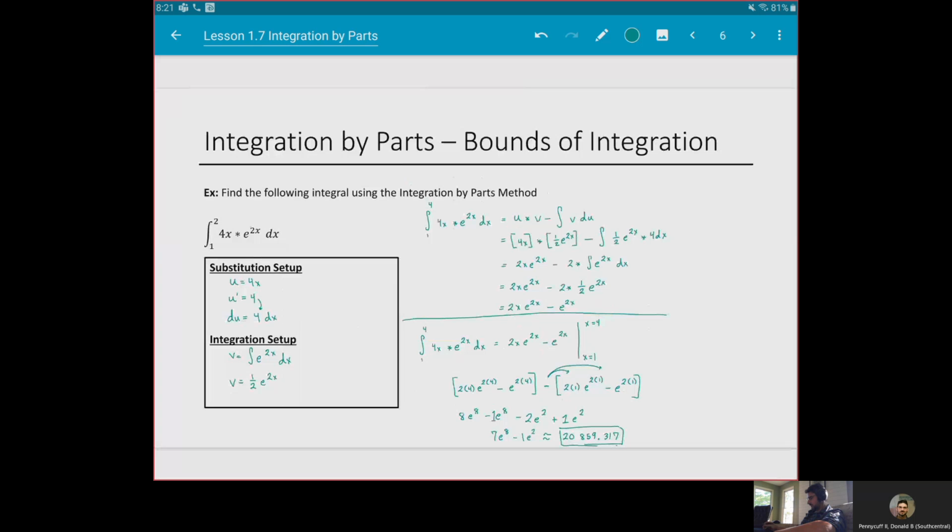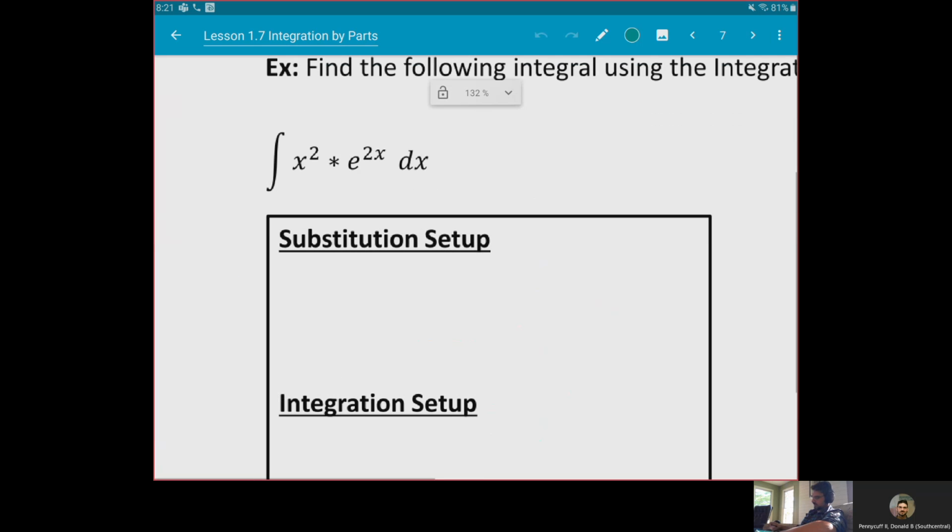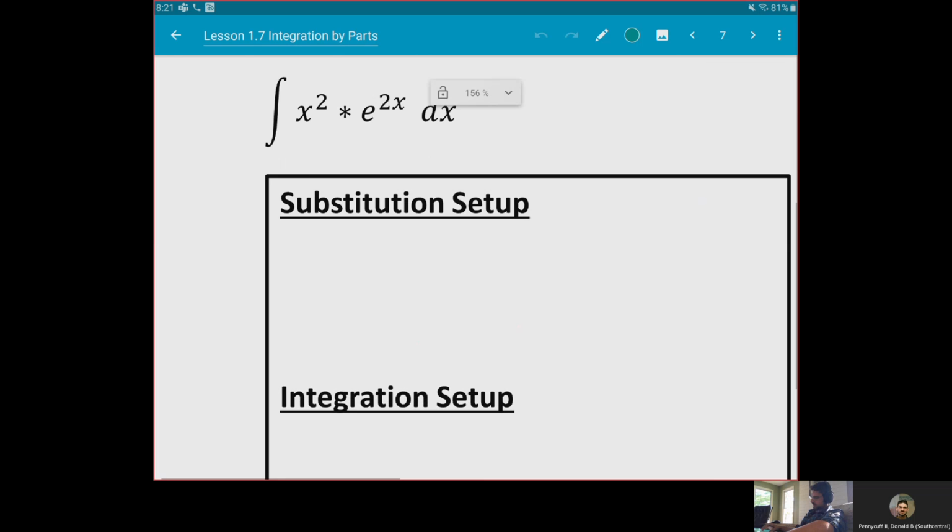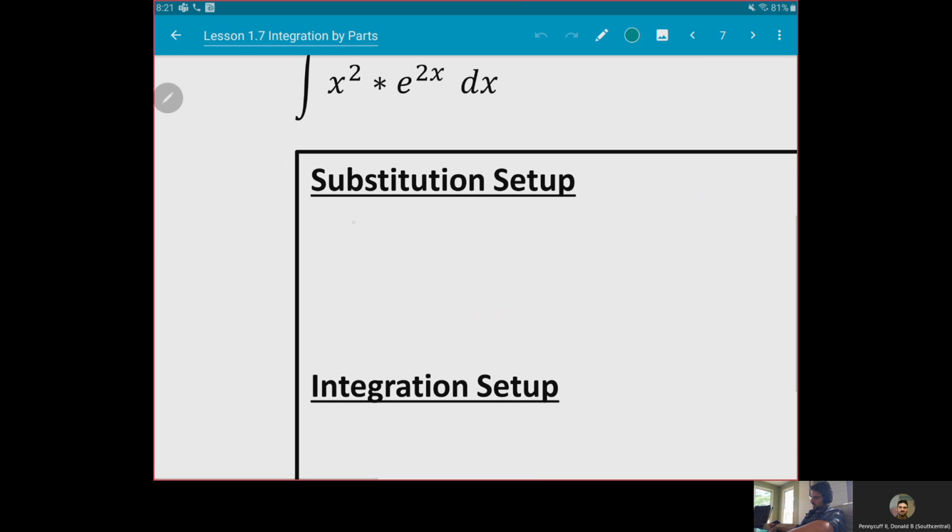All right. So let's look at the next one. All right. So if your exponents are high enough, like right here, you may have to do integration by parts twice. So on this one right here, we'll go u equals x squared.